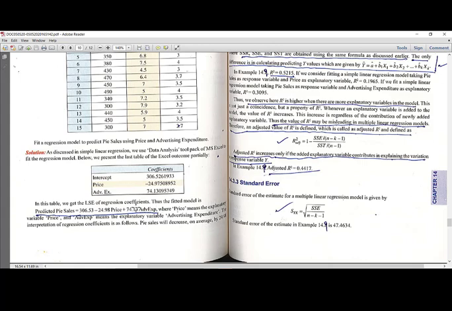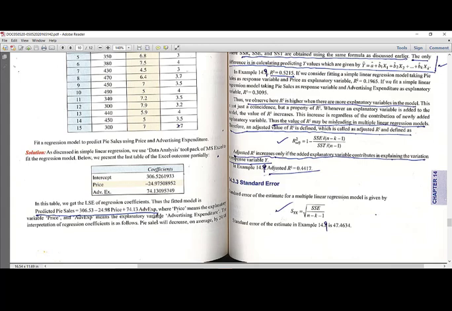So this is our fitted model, y equal to A plus B1 x1 plus B2 x2, and in terms of pie sales, that is equal to 306.53 minus 24.98 price plus 74.13 advertising expenditure. And the interpretation of regression coefficients is as follows.